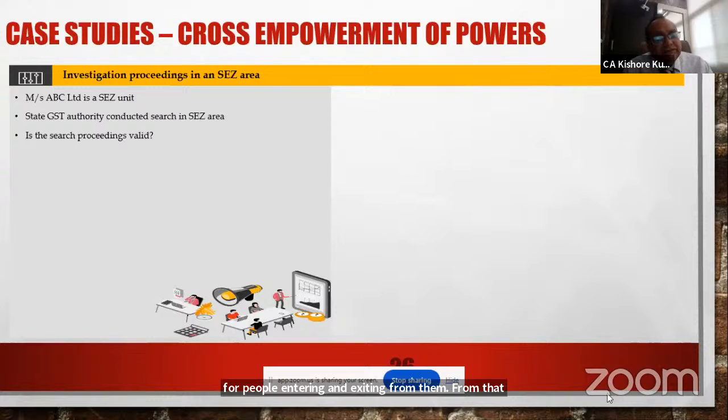So it is considered a very controlled and secured area under the control and supervision of the SEZ authorities. Can GST authorities conduct this search in the area without taking any approval from anyone? What do you think, friends? Yes or no? They can conduct a search or they cannot conduct a search? Answer it quickly, friends.